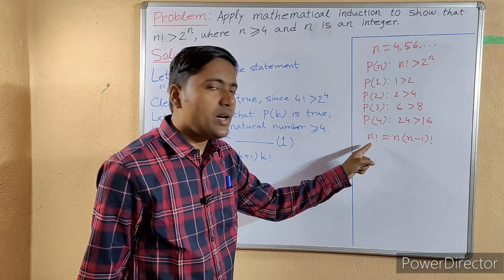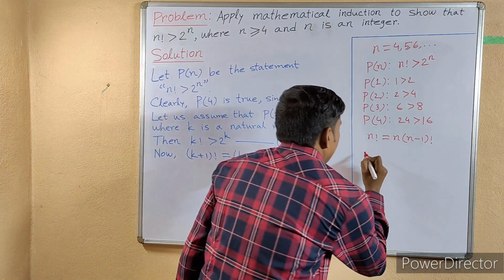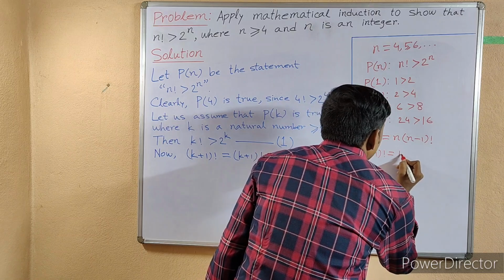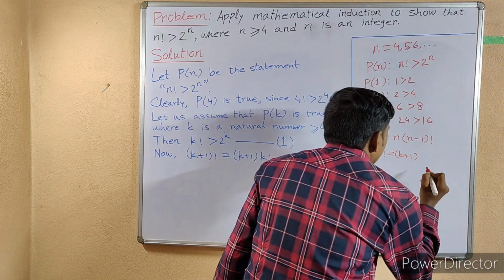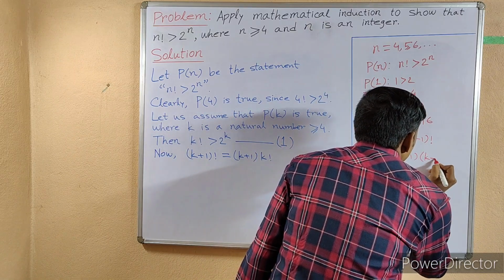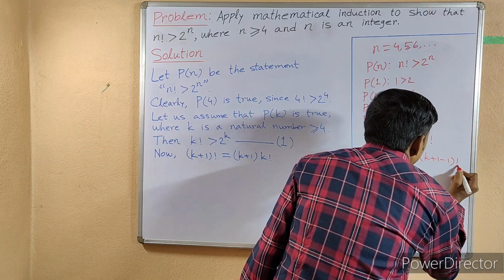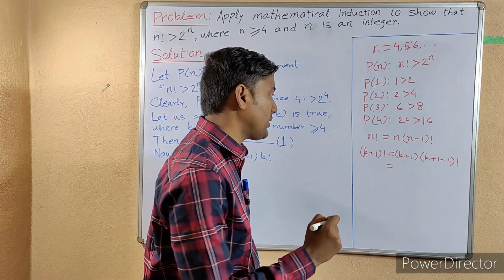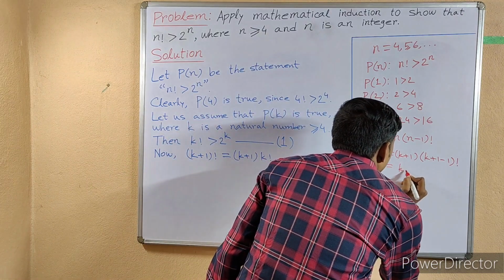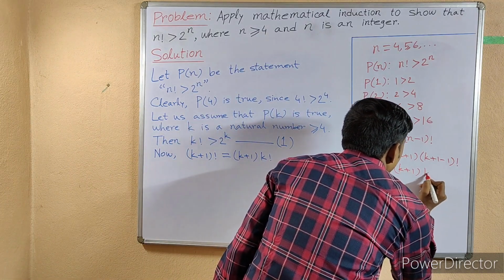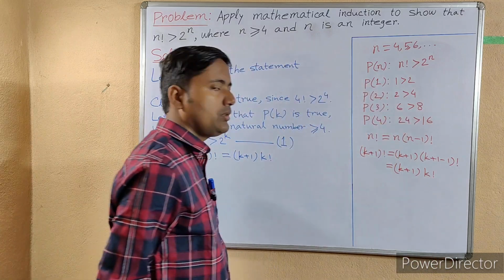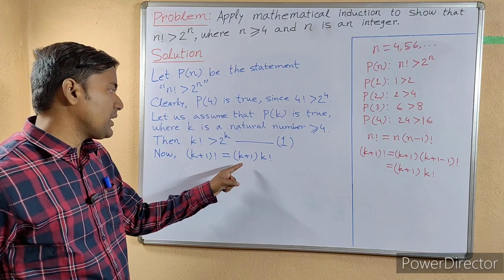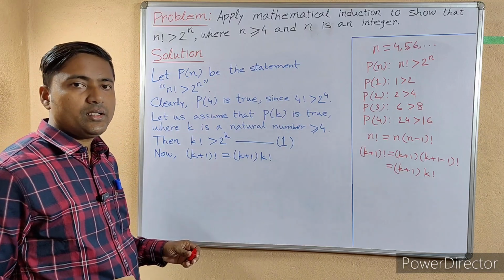Putting n equal to k plus 1 here, we get k plus 1 factorial equal to k plus 1 into k plus 1 minus 1 factorial equal to k plus 1 into k factorial. So we have k plus 1 factorial equal to k plus 1 into k factorial. Okay.